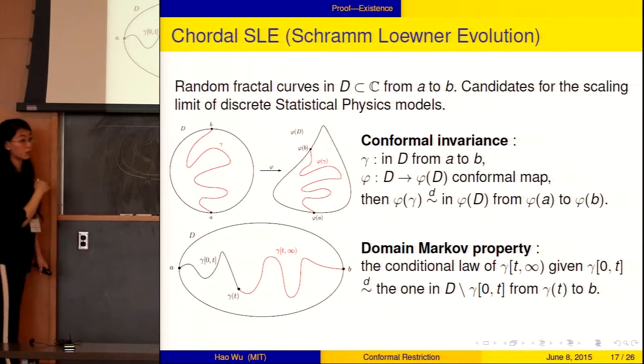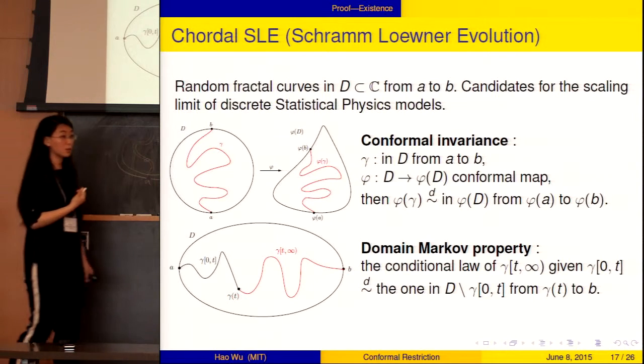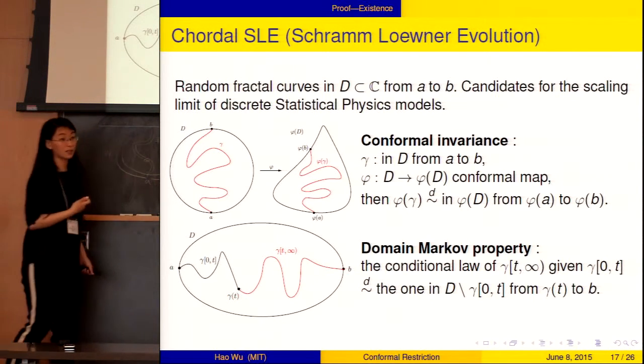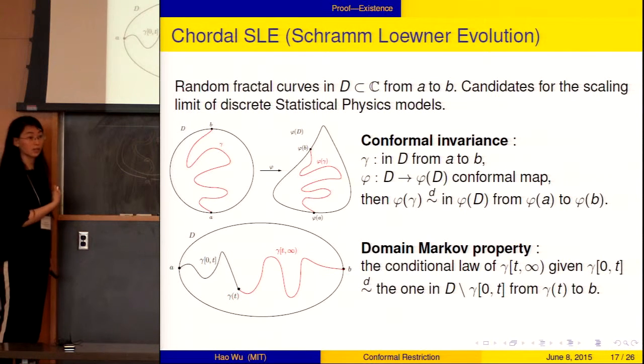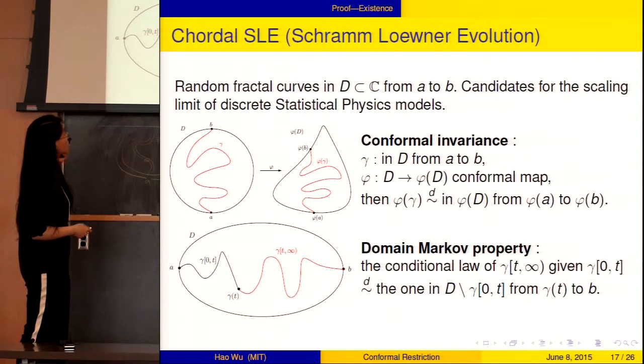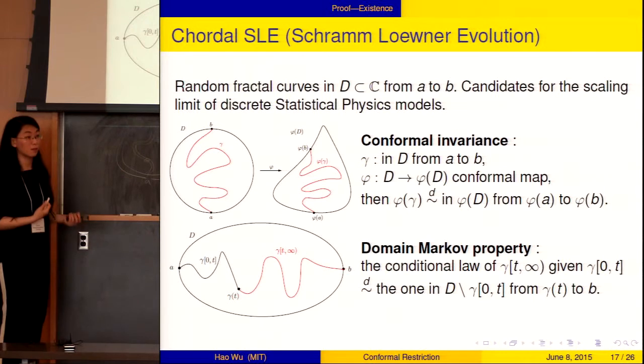So this is a discrete version of the domain Markov property. And for SLE, when we introduce it, we want to study the scaling limit of discrete models. So if the scaling limit exists, it should also satisfy this domain Markov property. That's why we introduce the random curves with these 2 properties, because they are natural from the discrete models.